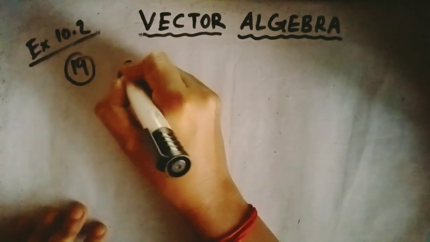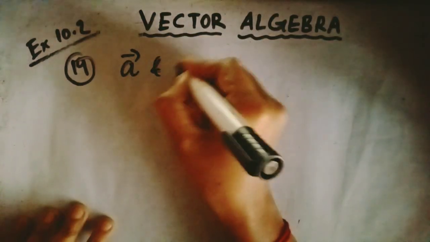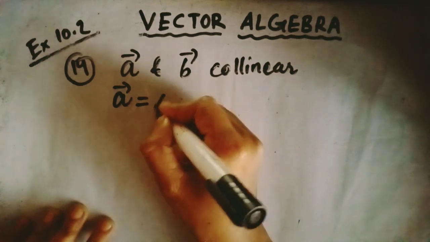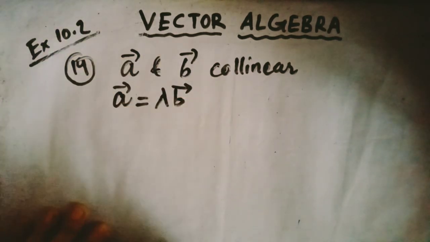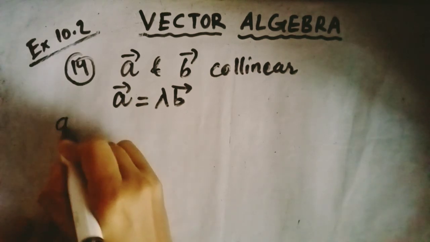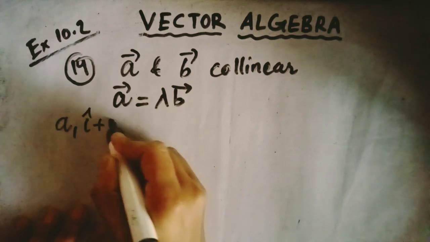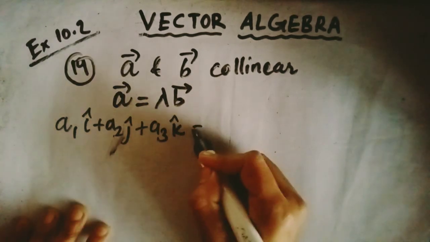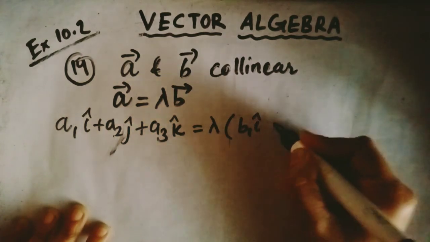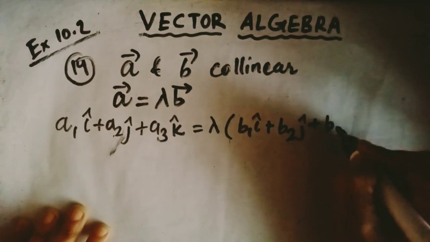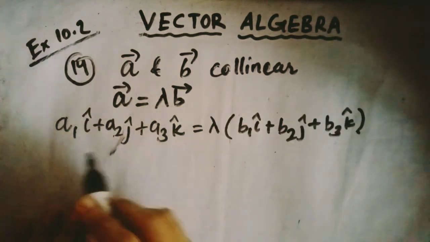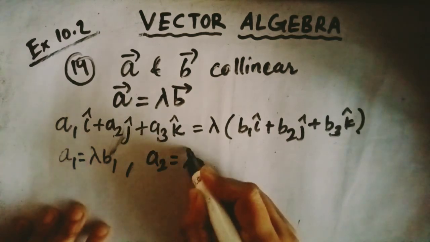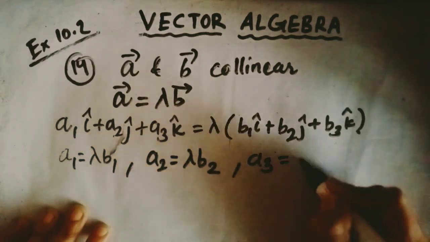If they are collinear, we can write one vector as a scalar multiple of the other. So a1 i plus a2 j plus a3 k equals lambda times b1 i plus b2 j plus b3 k. Comparing coefficients, a1 equals lambda b1, a2 equals lambda b2, and a3 equals lambda b3.